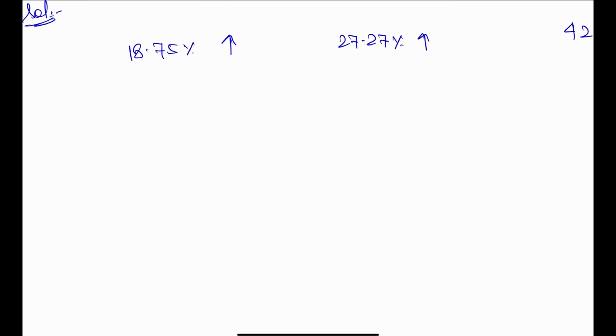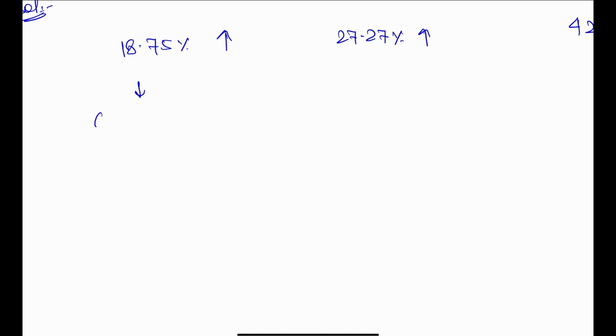Okay, 18.75 is nothing but 6.25 into 3, so I can rewrite it as 3 by 16 increase. 27.27 is nothing but 9.09 into 3, and 9.09 is 1 by 11, so I can rewrite it as 3 by 11 increase.